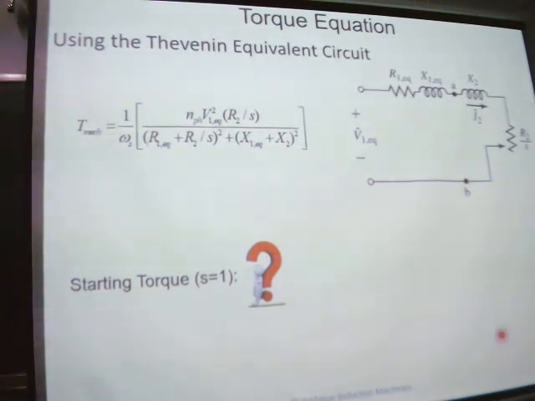Let's see the starting torque expression. When the AC induction machine starts, the speed is 0. So what is the torque this time? We know the speed is 0, so the slip is 1. Slip is 1, so R2 over S is R2.